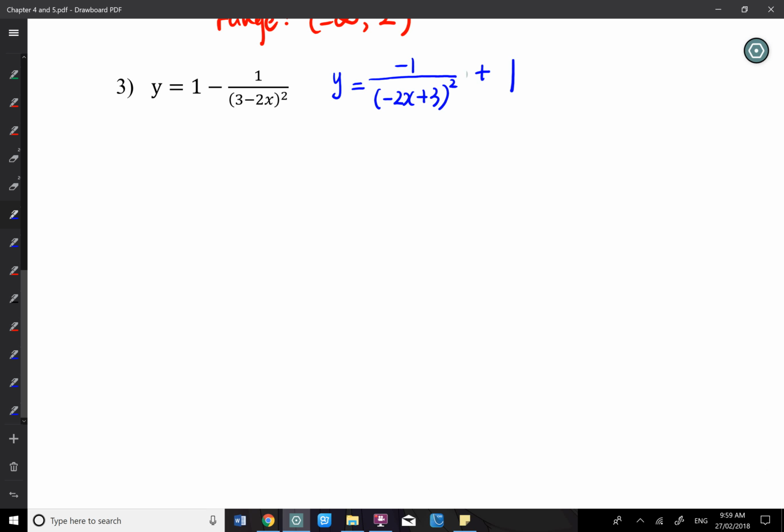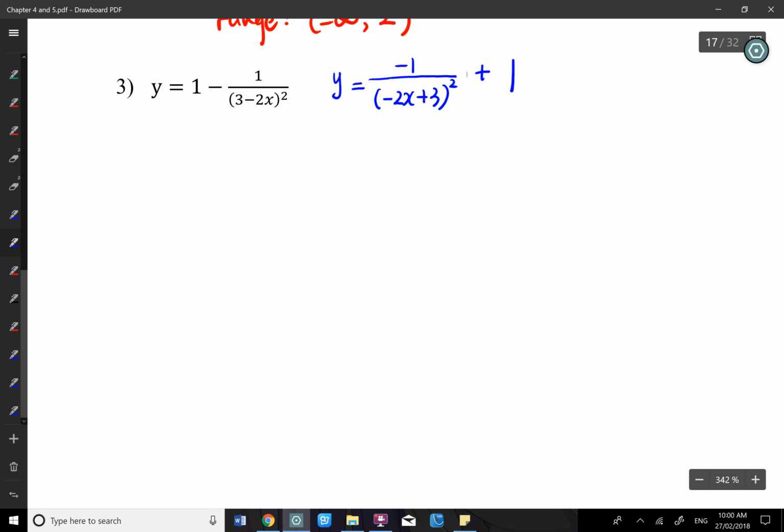I just swapped the order. I haven't done anything. I put a negative sign onto the top, -1 over (-2x plus 3) in linear form, squared, and then +1. Nothing wrong, we have a coefficient, and we don't really care whether the coefficient is positive or negative, as long as it's not outside the bracket. If it happens within the bracket, that's okay. So that's what we'll have.